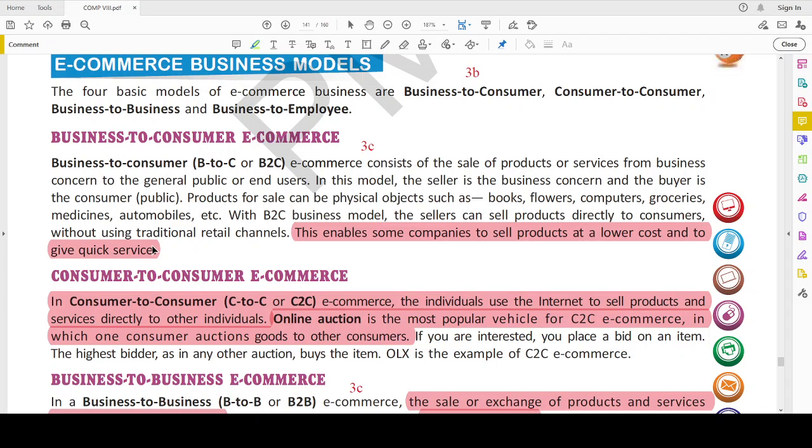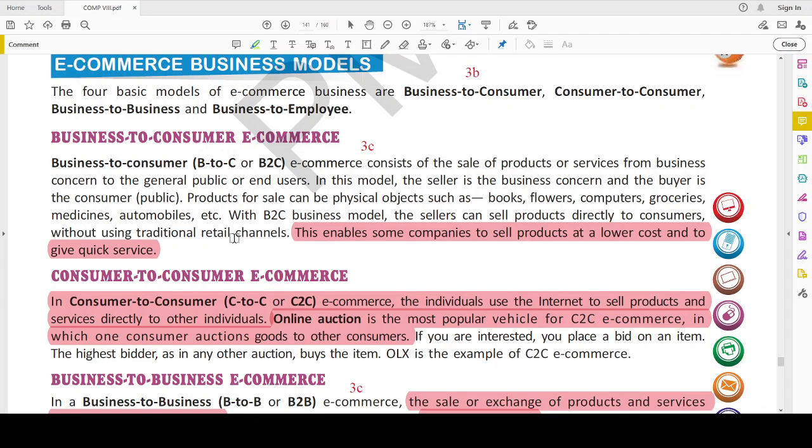So you give the order and the required item is delivered to you by the business concern themselves. There is no middleman associated.